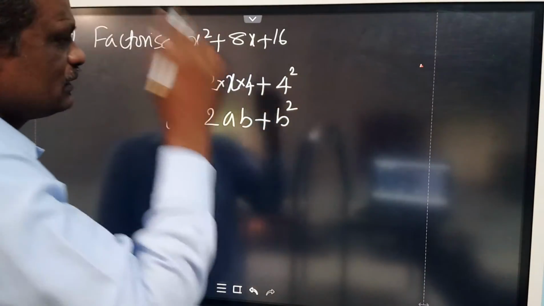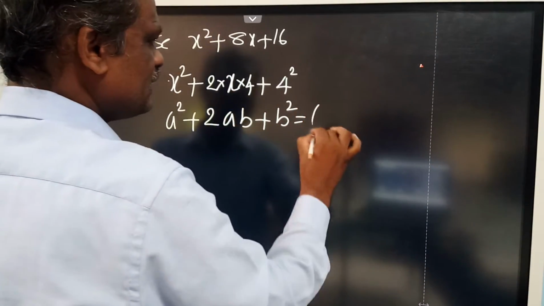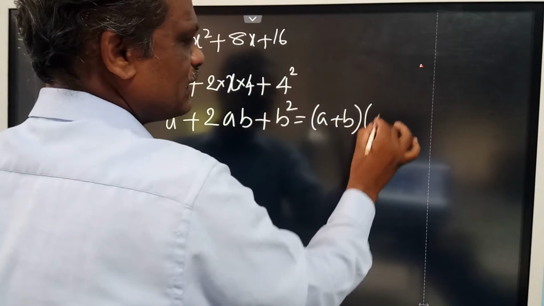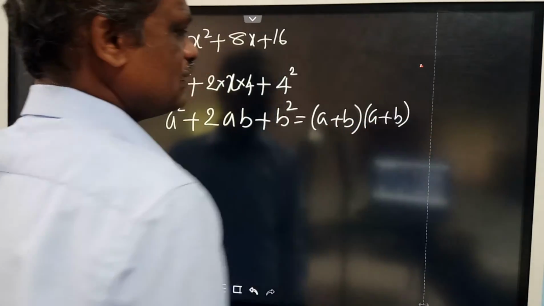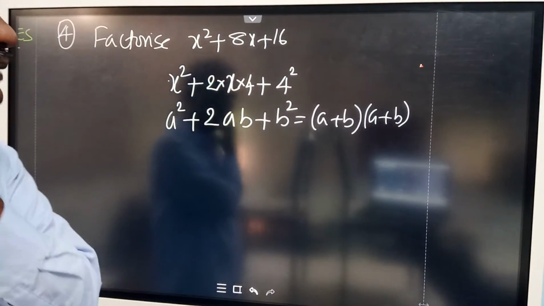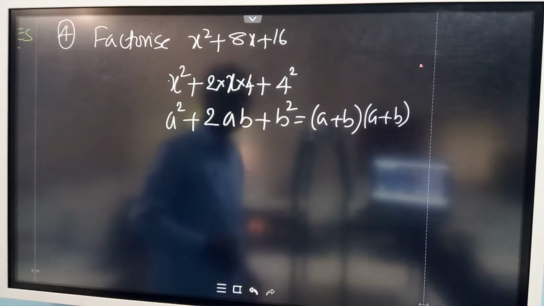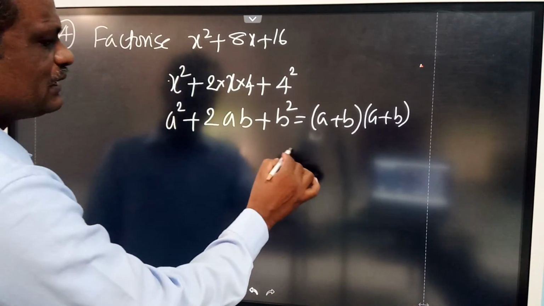What is the factorization of this? That is (a plus b) into (a plus b), nothing but (a plus b) whole square. Because we are factorizing, let us write in the form of factors only.